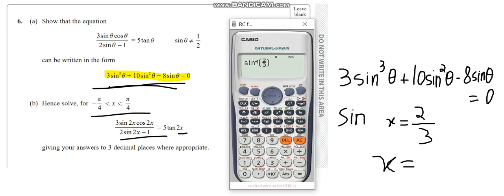So change your calculator into radian form by pressing shift, pressing the mode button and pressing 4, that's radian, and there you go, that's R. Previously we were in the normal degree form, so now we are in radian form, and we can press the equal sign to get our answer, which is 0.729727656.